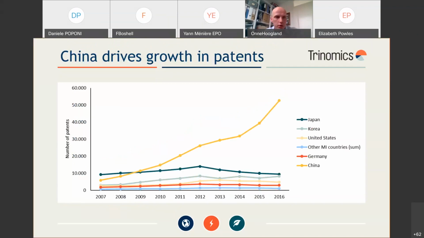If we look at the overall growth in patent numbers, we see that China in particular is responsible for the growth, with very impressive growth over the whole time period considered, also in the more recent years. For the other countries, we see that the applications grew up to 2012, but after that the numbers declined or remained stable.